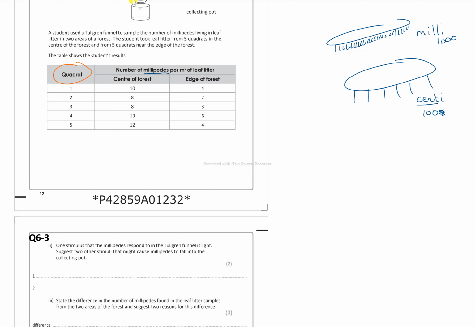What is a quadrat? A quadrat is like a square, normally half a meter by half a meter. So you need 4 of those in a square meter. And you place it randomly in your field or area of study, and you count the number of organisms. And then you say, right, okay, that is representative of the whole area.